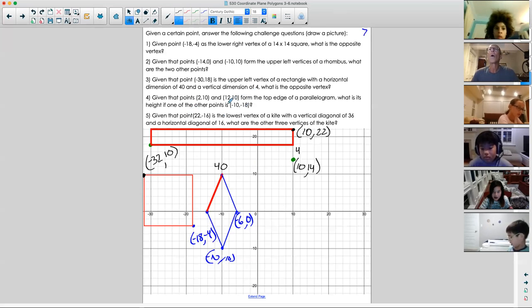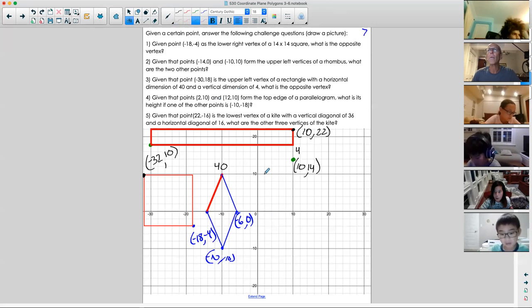Okay, now I want you guys to do number 4. Number 4 is the hardest one so far. You have point 12, 10, which I'm going to draw in black, and that's the top edge of the parallelogram.